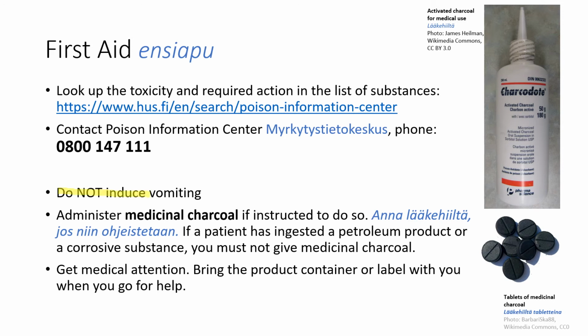Do not try to make a person vomit. If vomiting occurs, keep head lower than hips to help prevent aspiration. Aspiration means the entry of a chemical into the respiratory system.